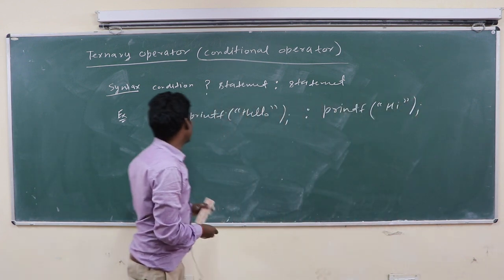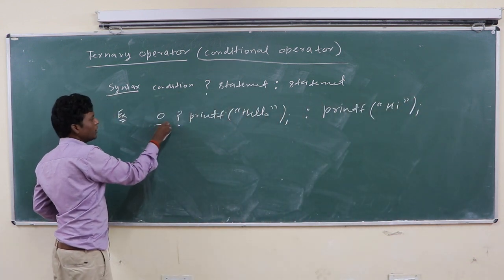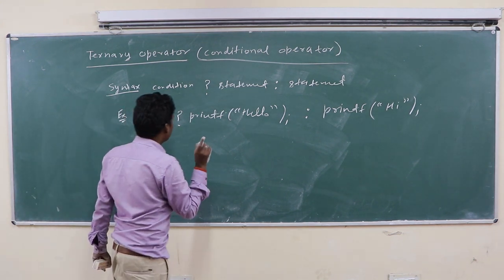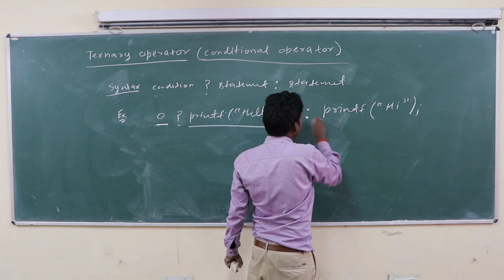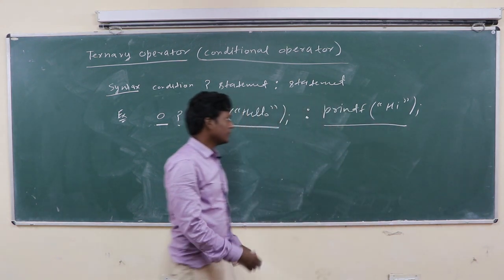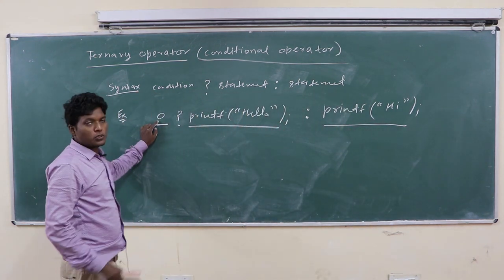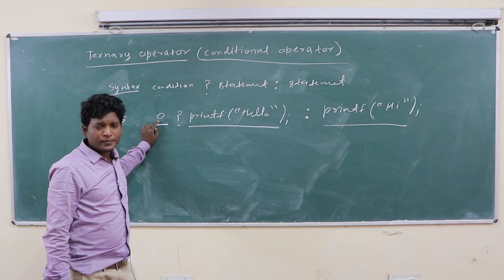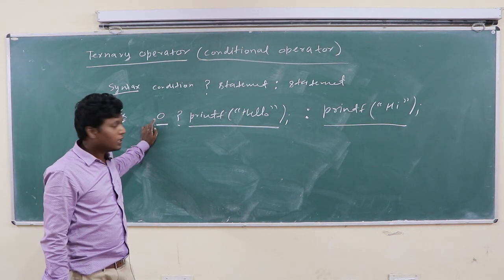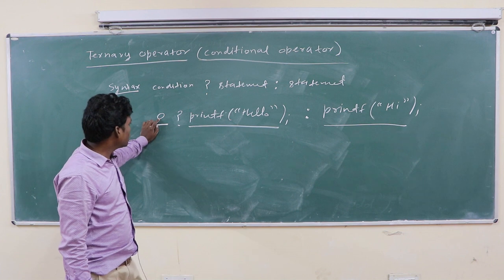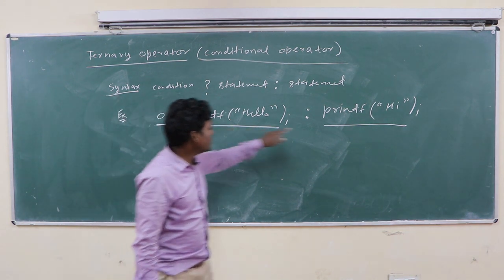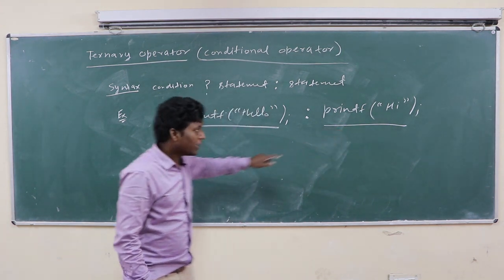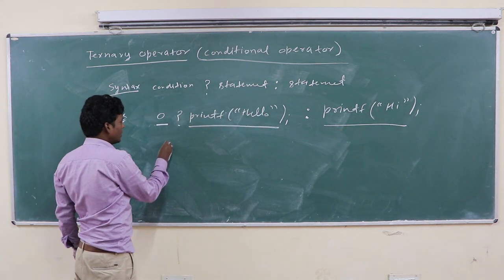In this, this is the condition. Before the question mark there is a condition, after the question mark there is a statement, after the colon there is also a statement. Okay, so 0 signifies the false condition, non-zero signifies the true condition. So here is a 0, so this is the false condition. When the condition is false, this statement will execute. Okay, so here the output is hi.